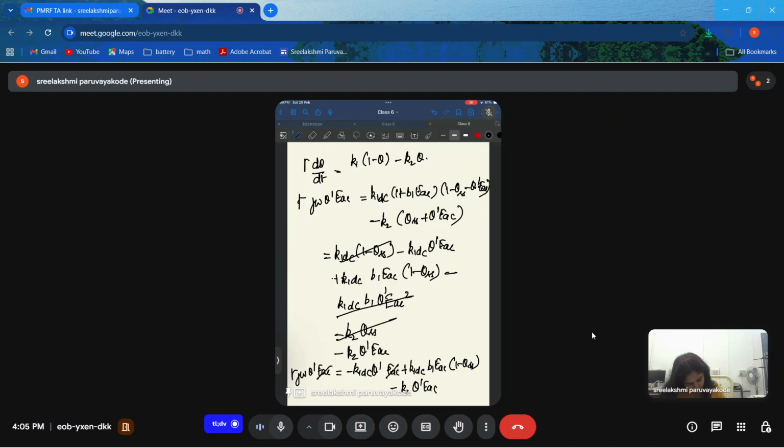Remove e^{AC} from all the terms because all of them have e^{AC}. Now take all the terms which have θ dash to one side.